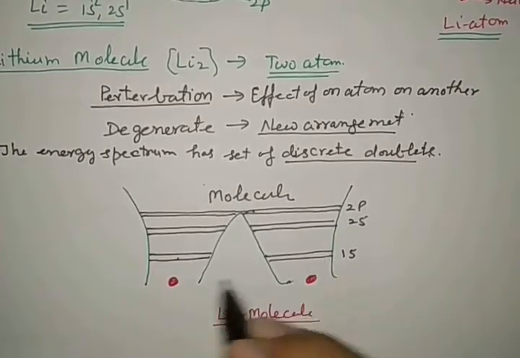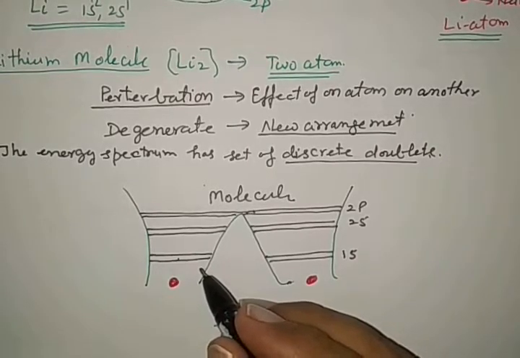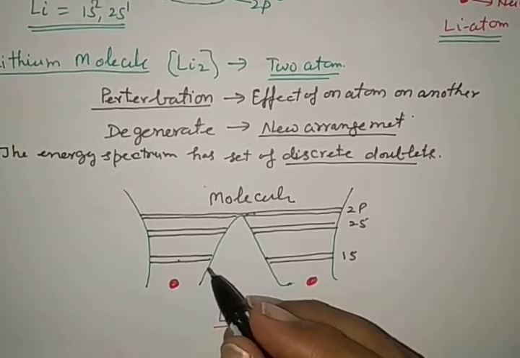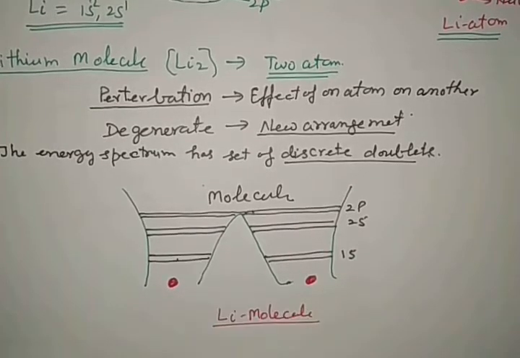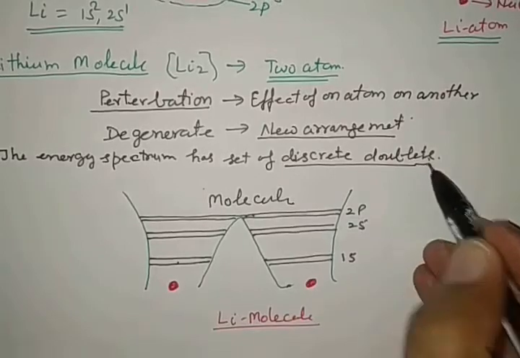Here is a range. It means that the radius of the orbit of one lithium atom decreases while the other increases. That is why the energy of one decreases and another increases. So this is called a discrete doublet.